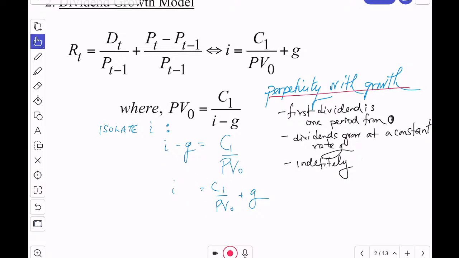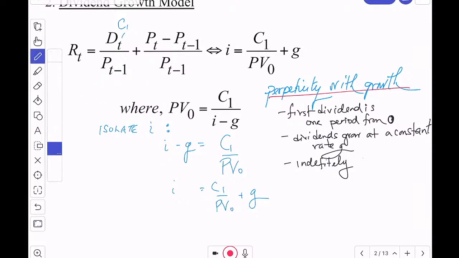So how does this go back to what we have here? How does this relate back to here? Well, this is the dividend. This is the dividend in that year, so this would be like our C1. This is the price last year. But let me not write that right now.